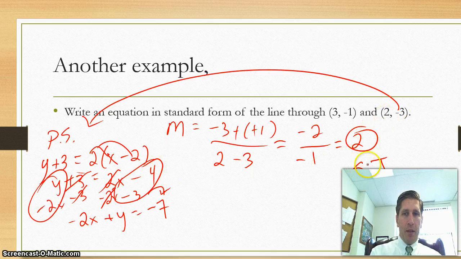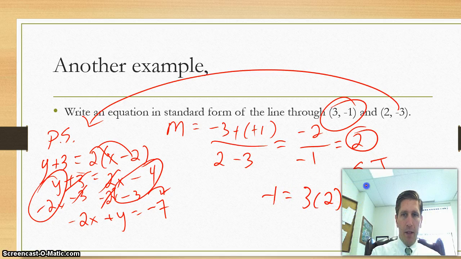So let's try that with the slope-intercept form. We have our slope is 2. Let's choose this point. Negative 1 equals 3 times 2 plus b. Negative 1 equals 6 plus b. Subtract the 6. b equals negative 7.